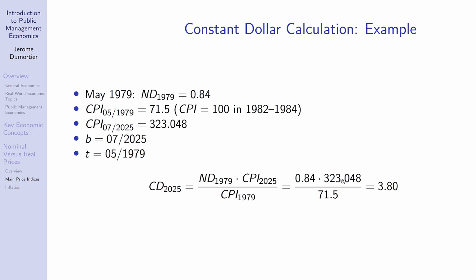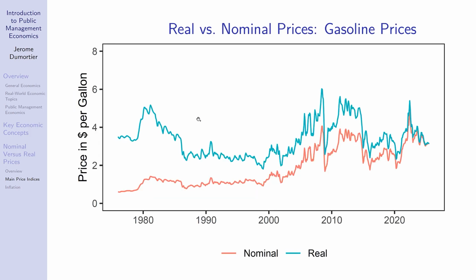Hence, using nominal terms, nominal in this case being the 84 cents, and comparing it to today's dollars is misleading. This is often the case that you see in newspapers or on TV or online, that people are posting nominal dollar values, despite the fact that those dollar values are meaningless. Here, the red line indicates the nominal dollar value of the gasoline price from January 1976 to today.